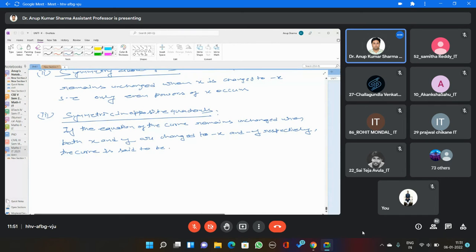The curve is said to be symmetrical in opposite quadrants, or symmetrical in the opposite direction. So, opposite quadrants.